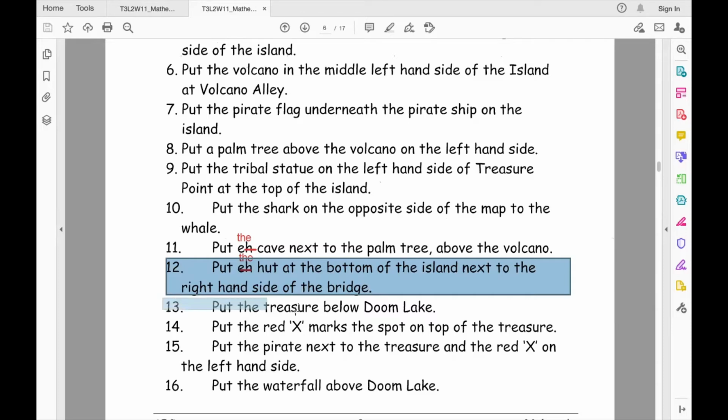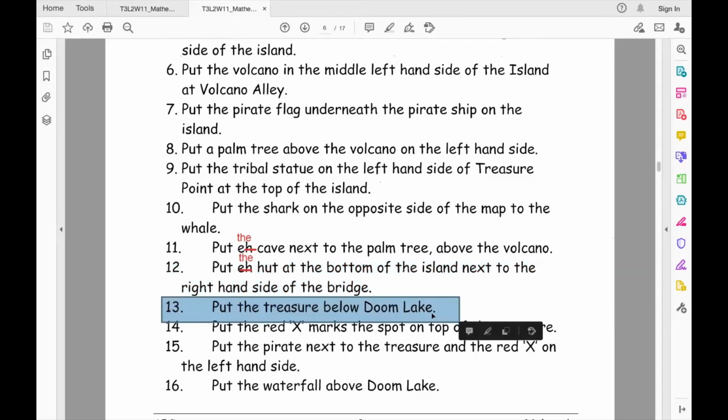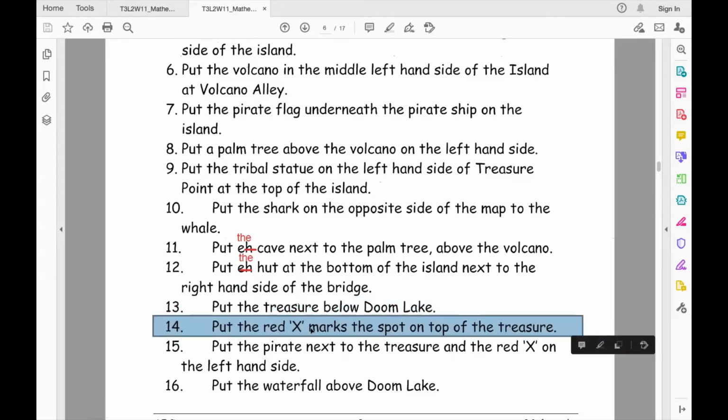Number 13, put the treasure below Doom Lake. Number 14, put the red X marks the spot on top of the treasure.